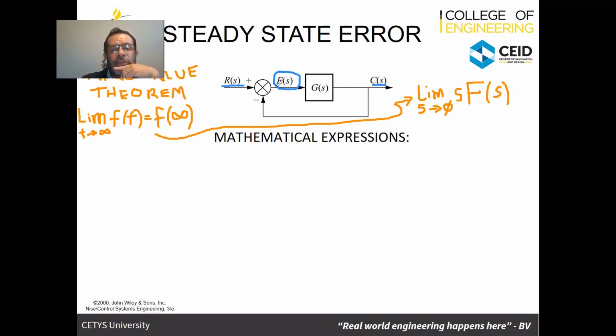And the difference between the input and the output is given by the result of this comparison, which is E of S. So E of S, which is the error in the Laplace domain, is equal to R of S minus C of S.